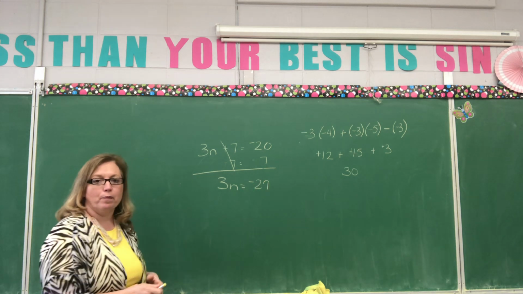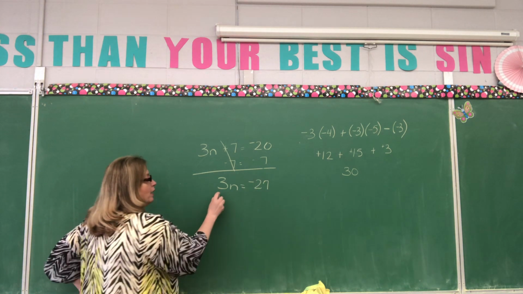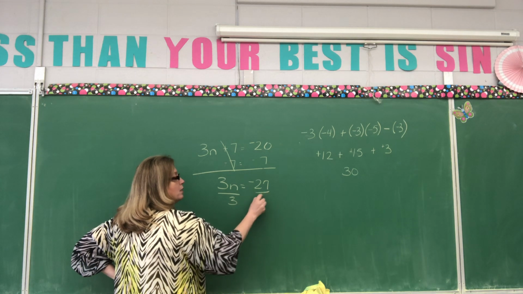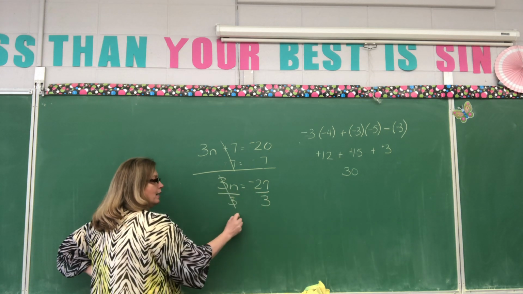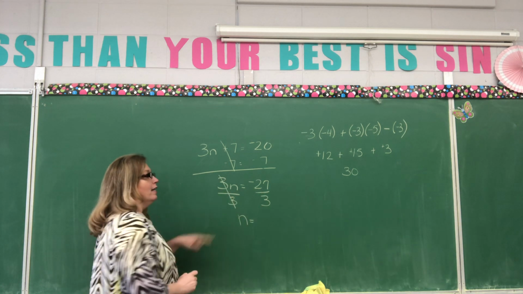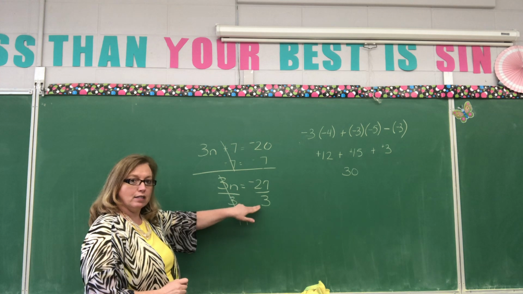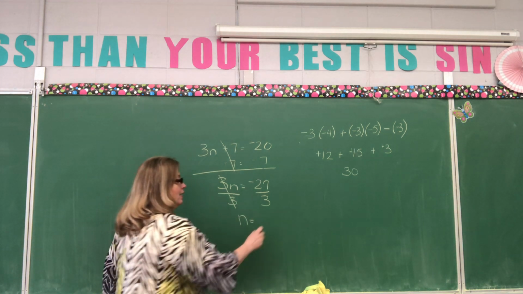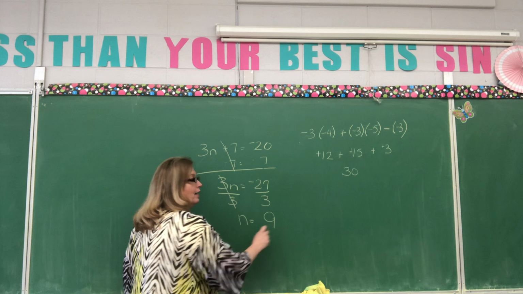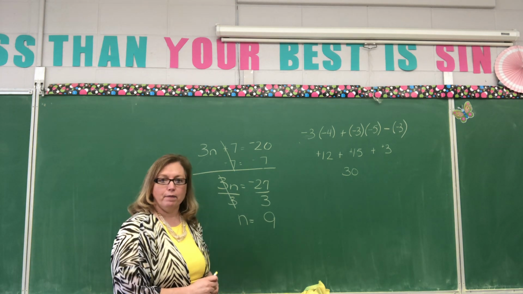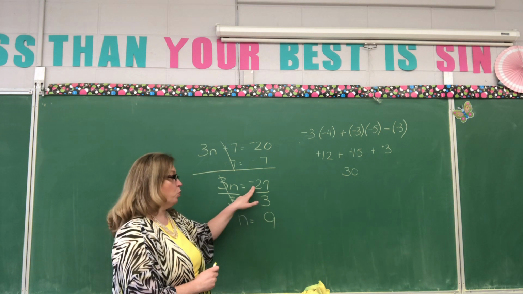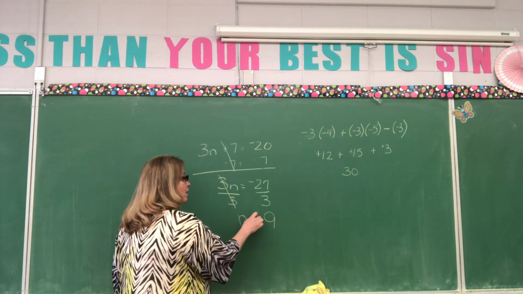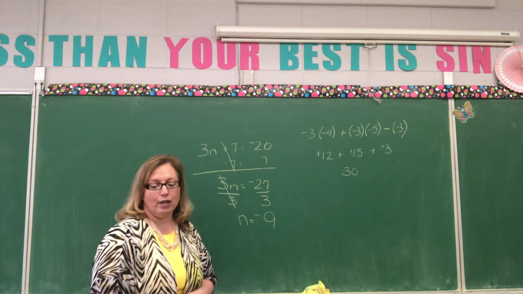Now what do we do? Get rid of this 3. Divide both sides by 3. This is going to cancel, leaving me n. -27 divided by 3 is 9. Is it positive or negative? It is negative, because one is negative and one is positive. My sign is negative, okay?